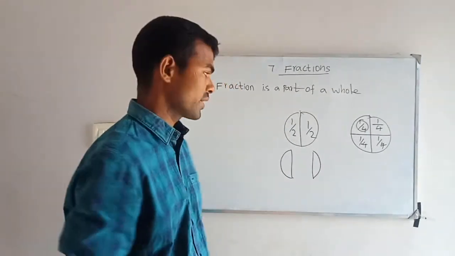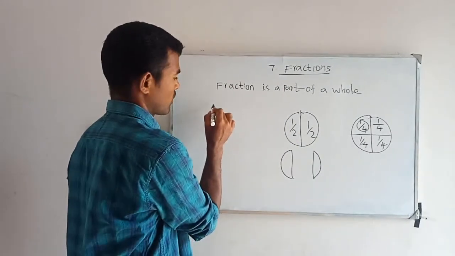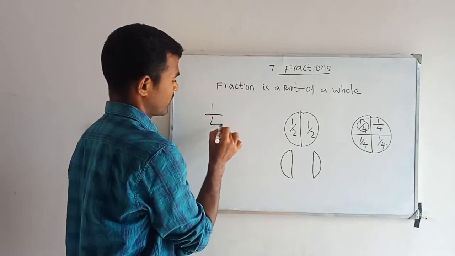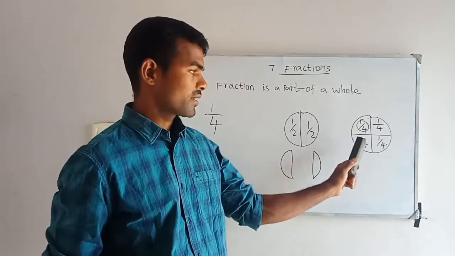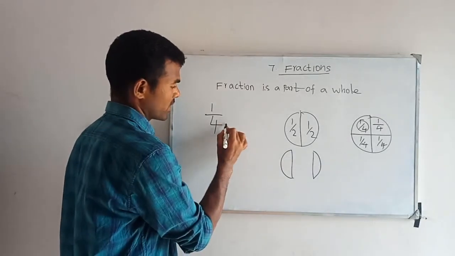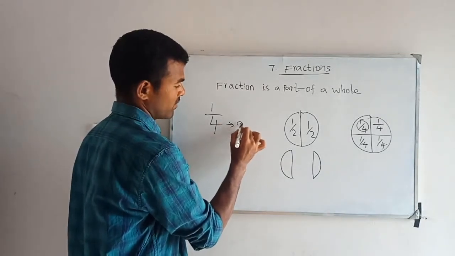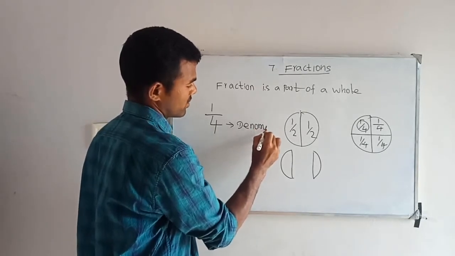So we can see here 2 part, 1 by 4. This part is known as the denominator.